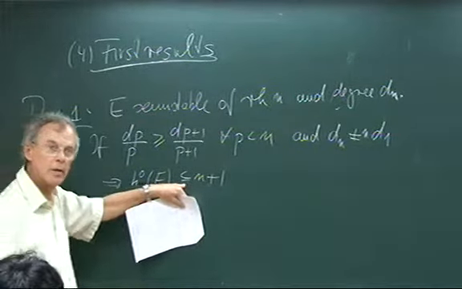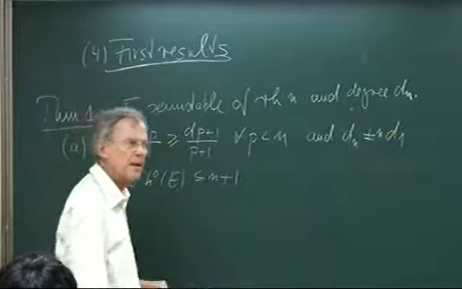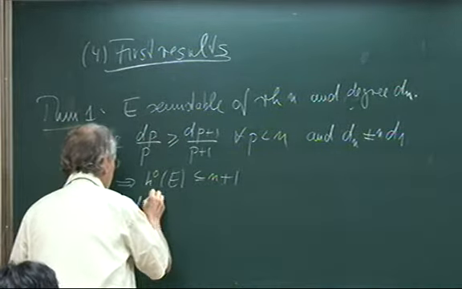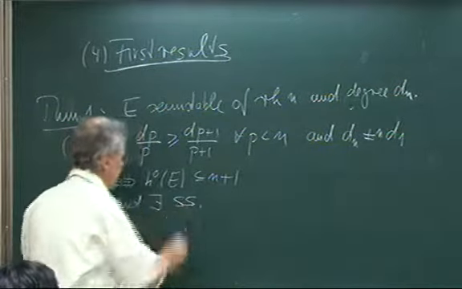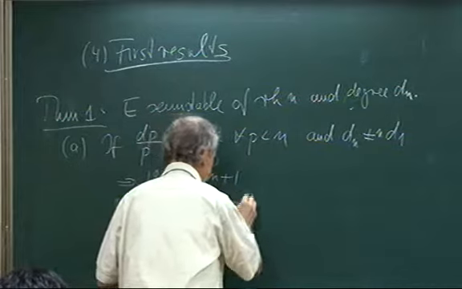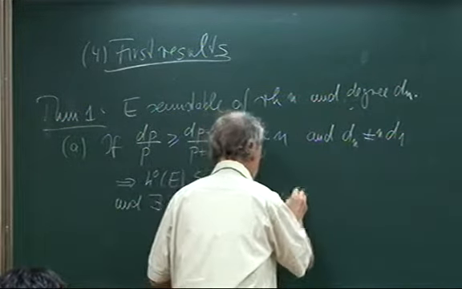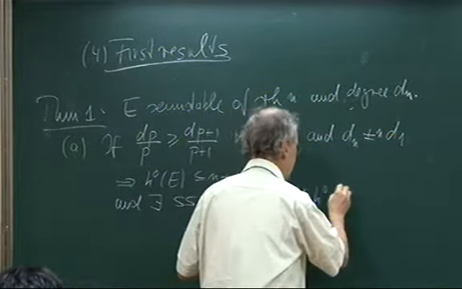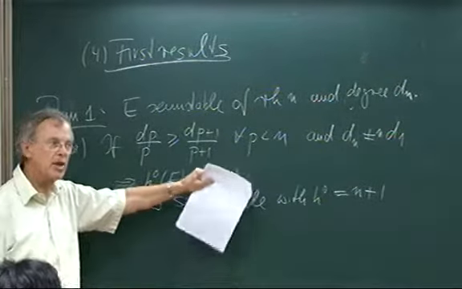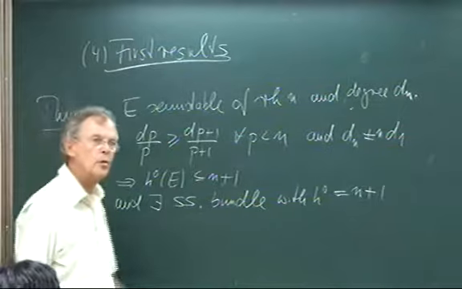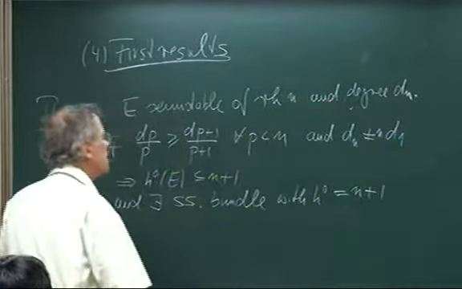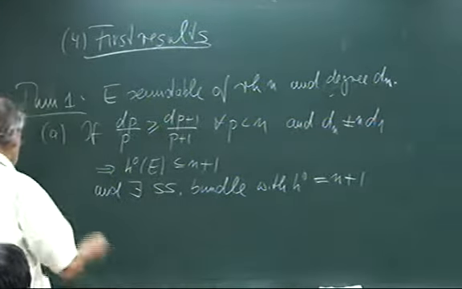So we know, in this case, a specific upper bound which is sharp, and there exists a semi-stable bundle with h0 equal to n plus 1. So in this case, the bound is really sharp. That's what we want to have, and then for other degrees we will build this up and get some consequences.